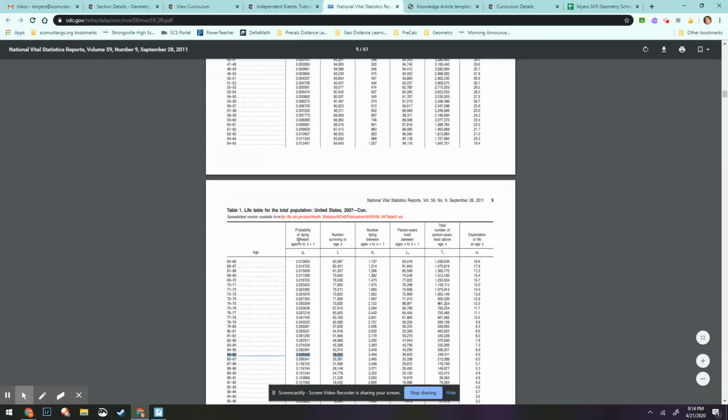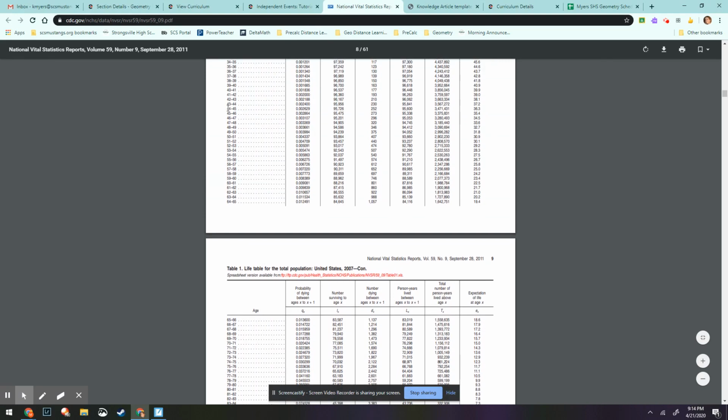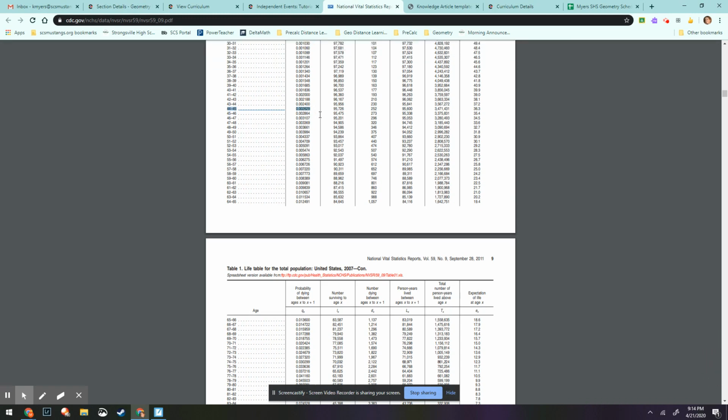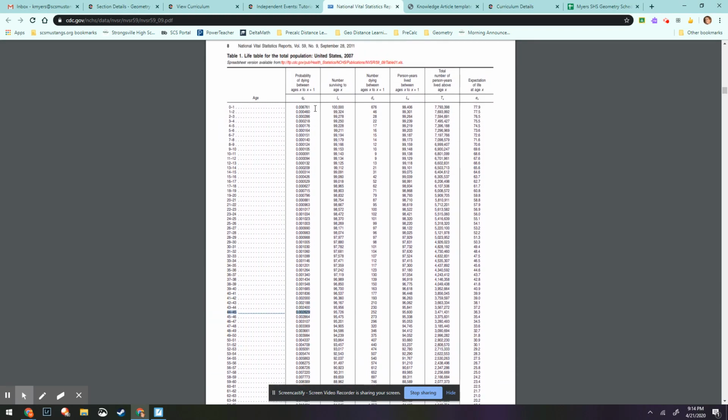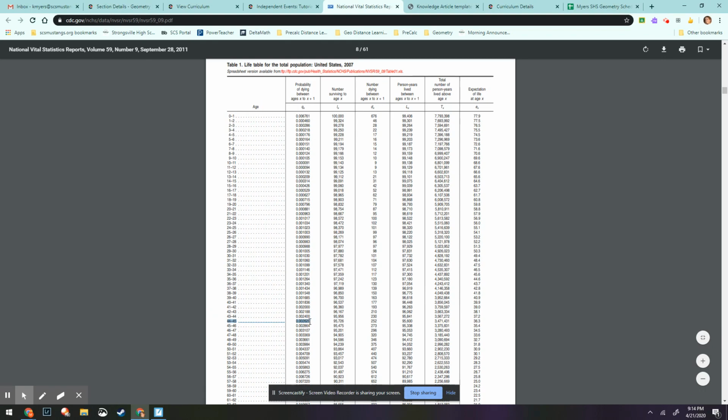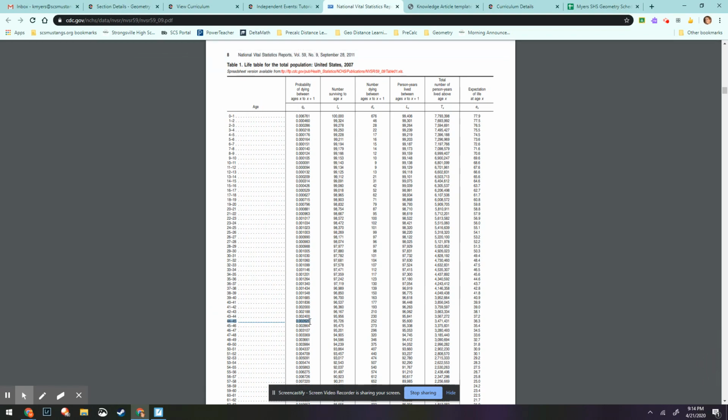Well, we're going to come over to our table, go to 44. This right here says 0.002629. Now if you look here, this is the probability of dying. So that is not what we want, okay?